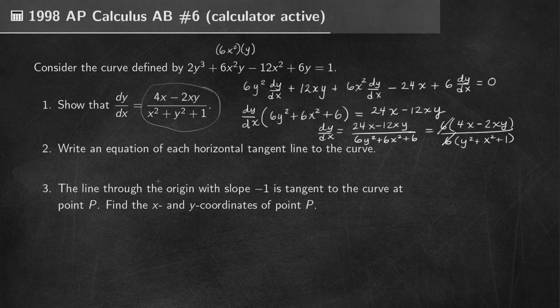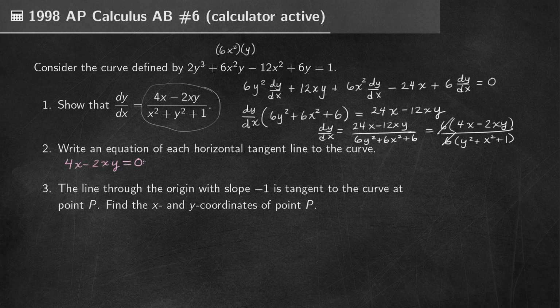For the next part, we want to write an equation for each horizontal tangent line to the curve. So the horizontal tangent line means the slope is going to be 0. And my slope will be 0 when the numerator is 0. So whenever 4x minus 2xy equals 0. Now the last time we had a problem like this, we needed to solve a system of equations.